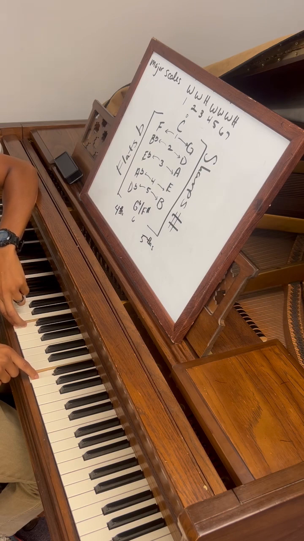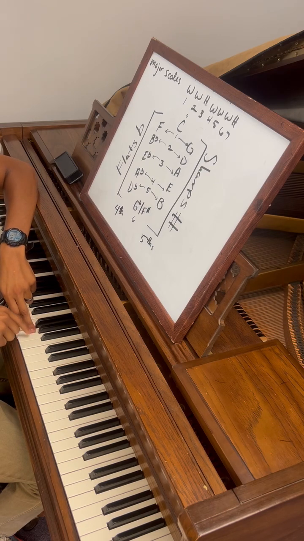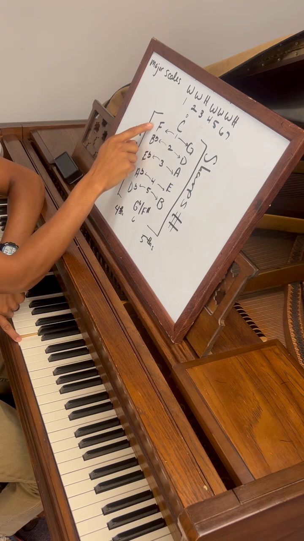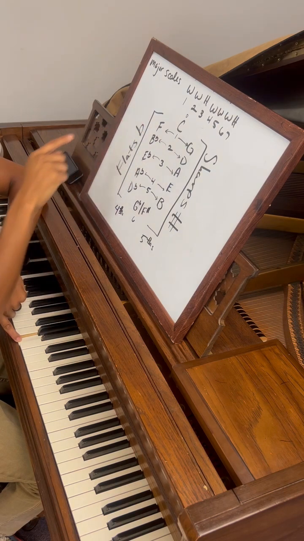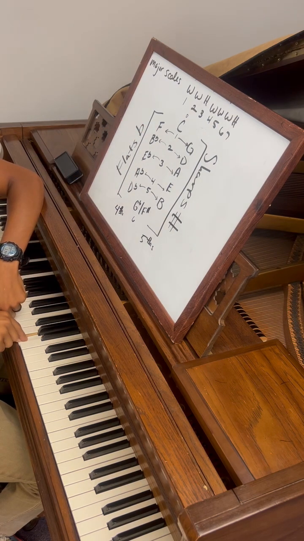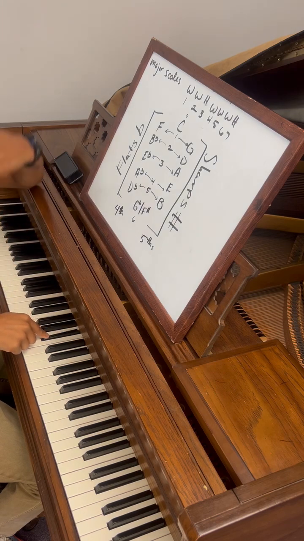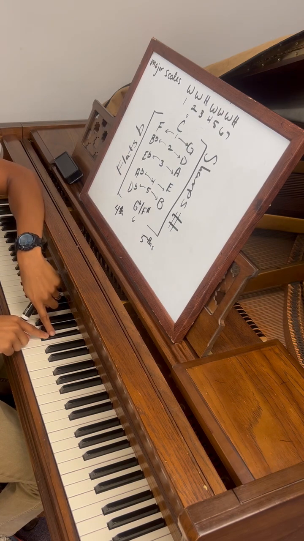I know I need a whole step, which is going to be G. I need another whole step, it's going to be A. And so here's where it gets different. Now, because I decided that I'm using the flat side, it tells me that there's going to be a half step right after the two whole steps that I just made. B flat. So now I know that I found my only one flat in that scale.